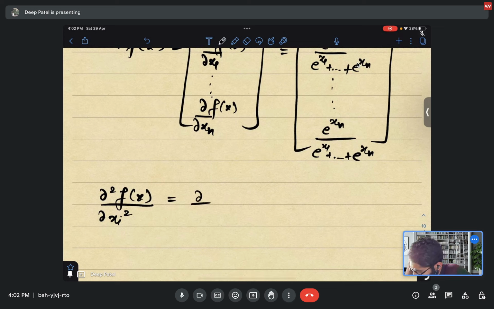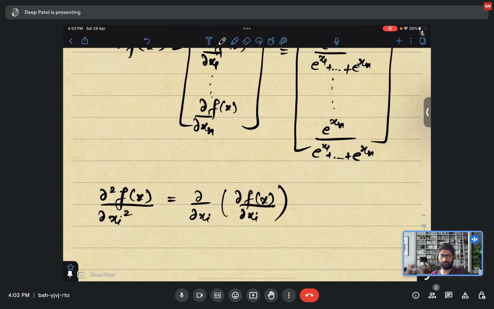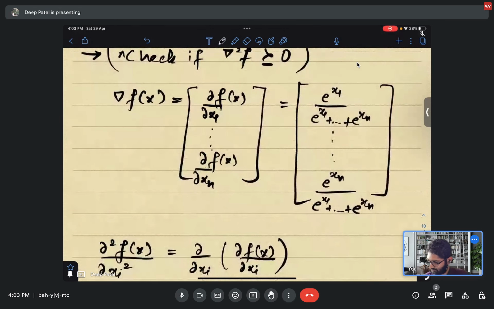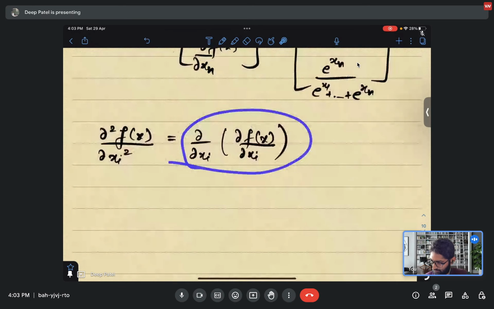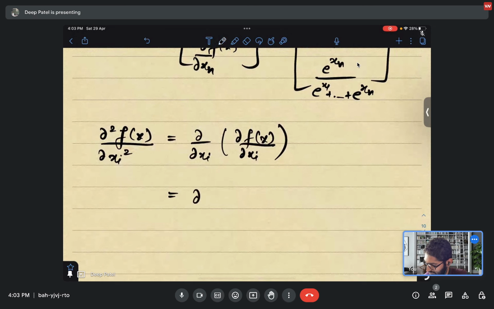So what is this? Del f of x by del xi, take the partial derivative of that with respect to xi. Here we have the ith term, which basically looks like this: e to the xi by summation of the e to the xj's. Take the partial derivative of that with respect to xi. So del by del xi of e to the xi over summation j e to the xj.